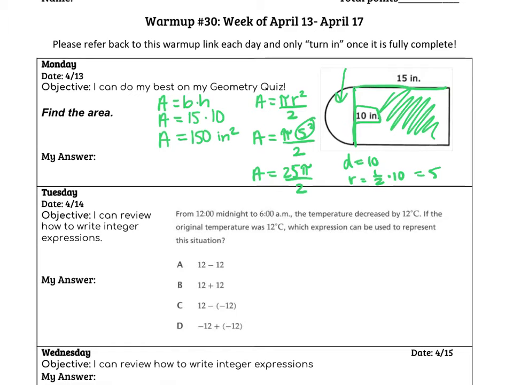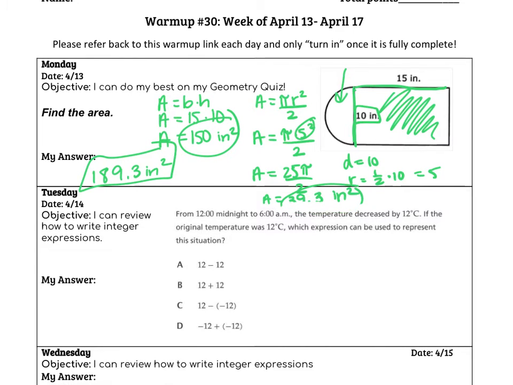Divide that by 2 and you get area is equal to 39.3 inches squared. This is the semicircle, so you have to add this and that together. 189.3 inches squared would be your final answer.